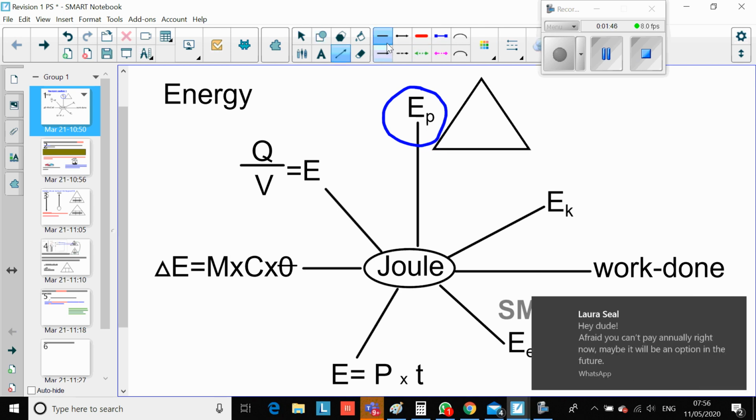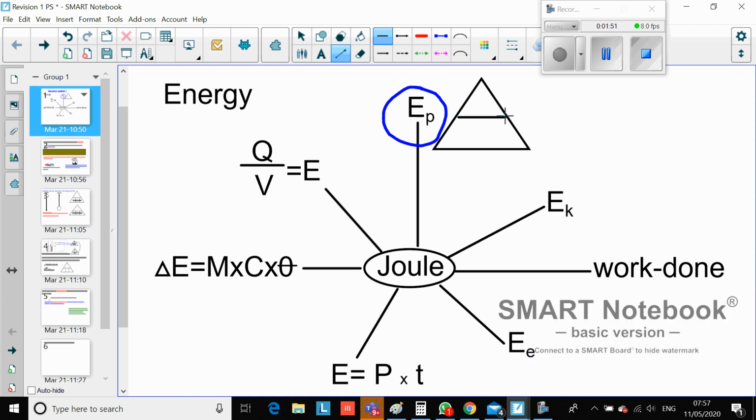Okay, so in this case, it would be like this. Mass, gravity times height equals gravitational potential energy.